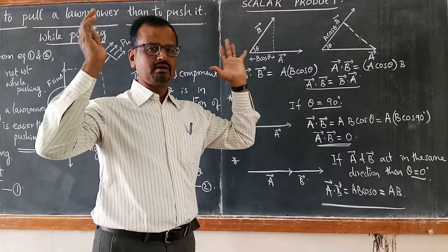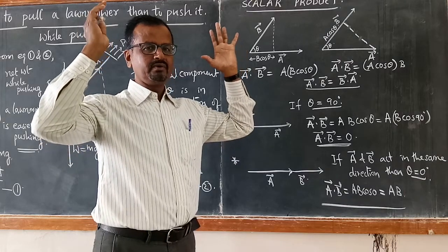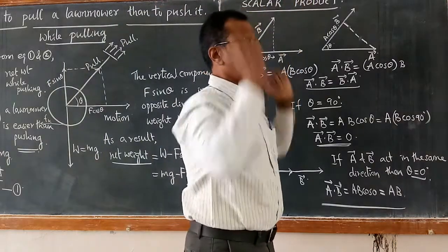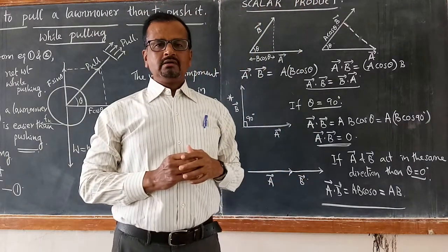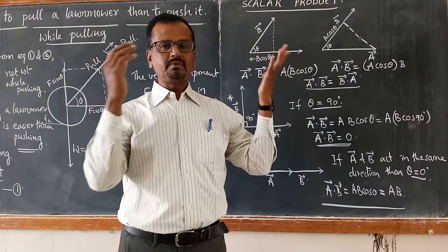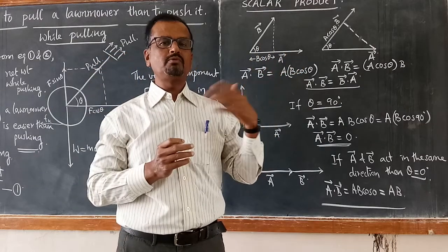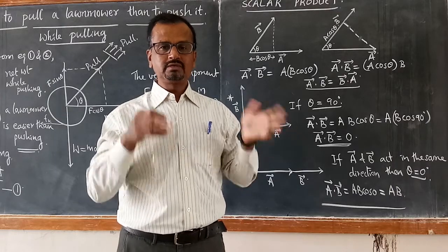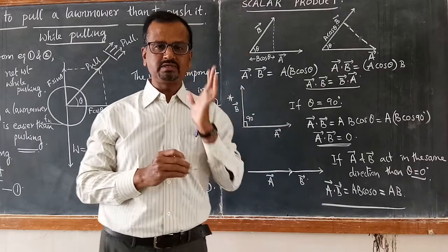If you are carrying a pot full of water on your shoulder or on your head, and you carry the water for about a kilometer, let us say from the pond to your village about 1 kilometer away, the work done with respect to its weight, with respect to gravity, is 0.